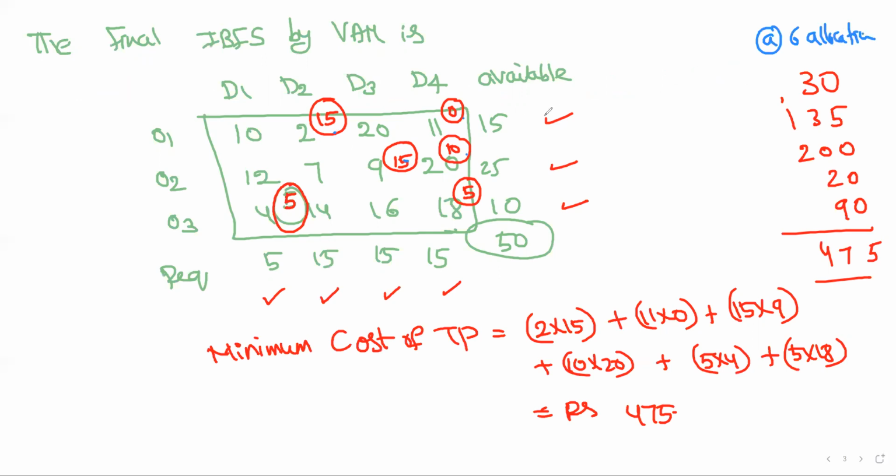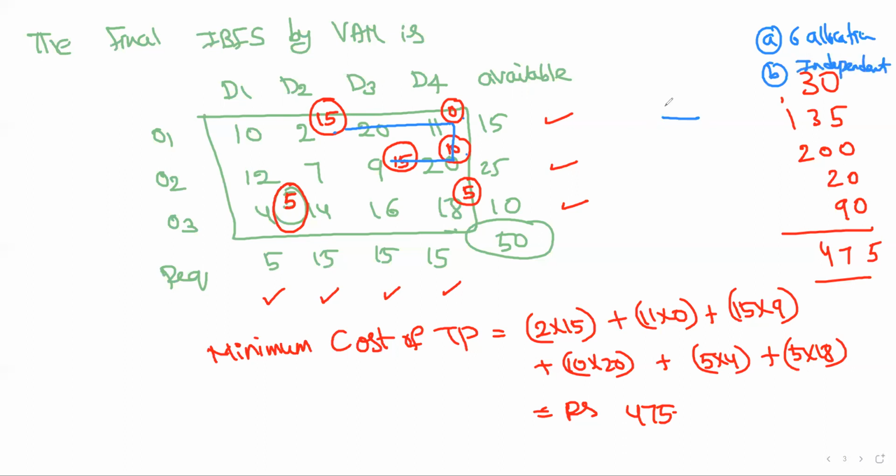And all these allocations are in independent position. Independent position means I can't join these allocations in the form of a square, rectangle or brick shape. If I join like this, I can join here, here, here, but I can't join here. Our joining should always be straight lines, horizontal or vertical, not cross lines. If I am unable to form a closed loop, that position is known as independent position.